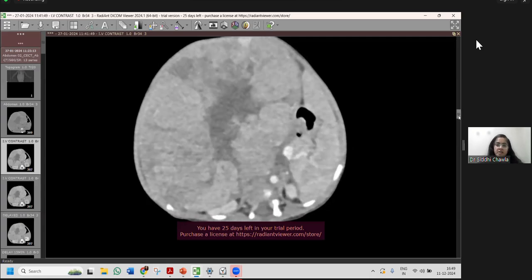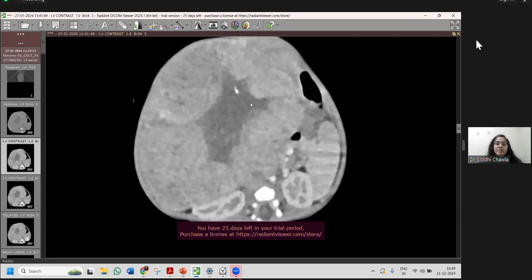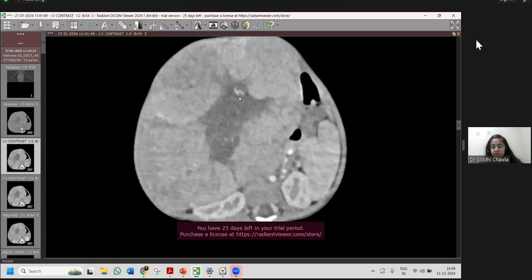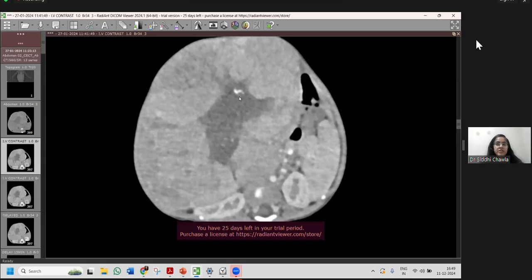So whenever necrosis happens, you always tend to find some foci of calcification. So the foci of calcification, as we had discussed in the previous case, that was a case of a neuroblastoma. So neuroblastoma has calcifications, we all know. So that is where the confusion arises when you see mostly in patients, when sometimes a single phase is done, a patient comes from outside, there is a mass lesion, there is a calcification, there is central necrosis, and now you are confused whether it is a neuroblastoma or it is a liver mass.